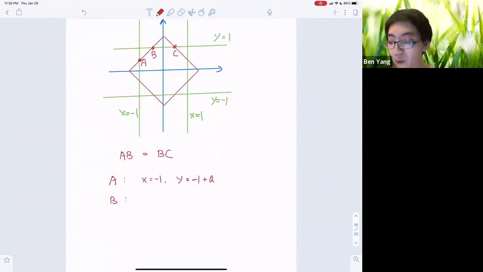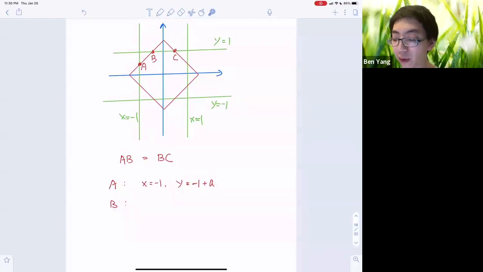For the point B, we know that, first of all, it's on the line y is equal to 1. And it's also on the line y is equal to x plus a. So 1 is equal to x plus a. That means x is equal to 1 minus a.